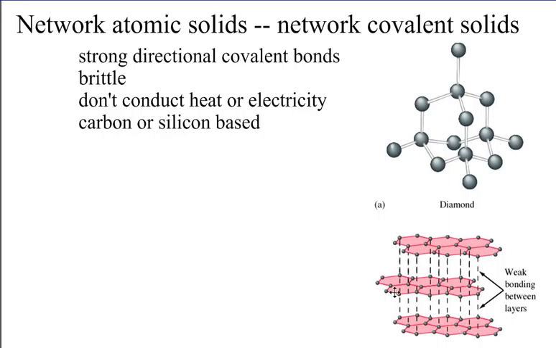Graphite also is a carbon-based network covalent solid, but it layers on top of itself like pancakes, like this. And when you draw a line with your pencil, you're just pretty much peeling off one of these layers.